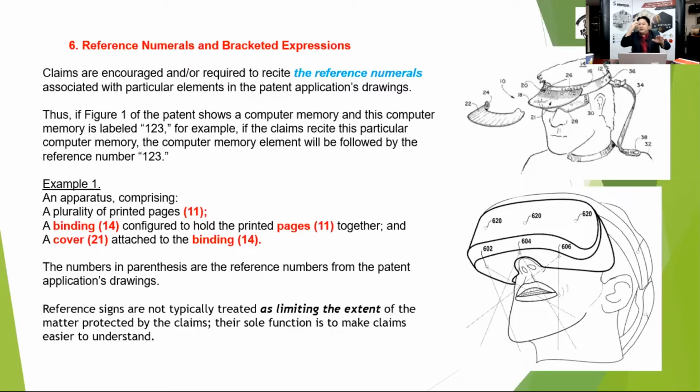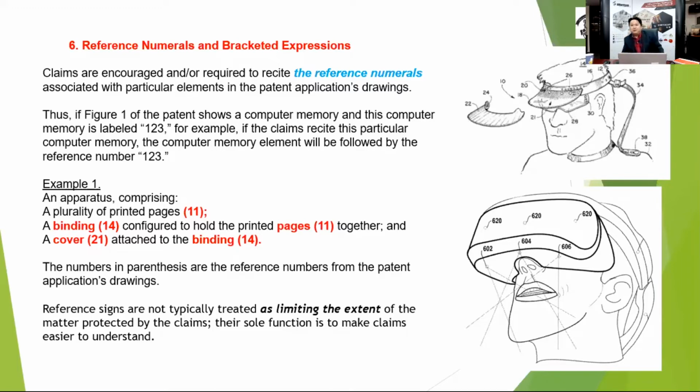You see, this is element A, this is element B, and C and D. I write them down in one script. I give them numbers. I numbered them. And then when I draft any claims, or the description and abstract, you have to be consistent to use the same numbering for the said elements that you mentioned.